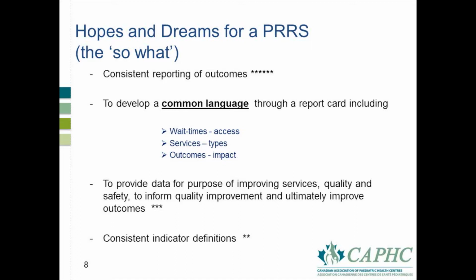They wanted to have this common data to be able to inform their quality improvement initiatives, and ultimately, and probably most importantly, to use that data to be able to improve outcomes. So next slide.